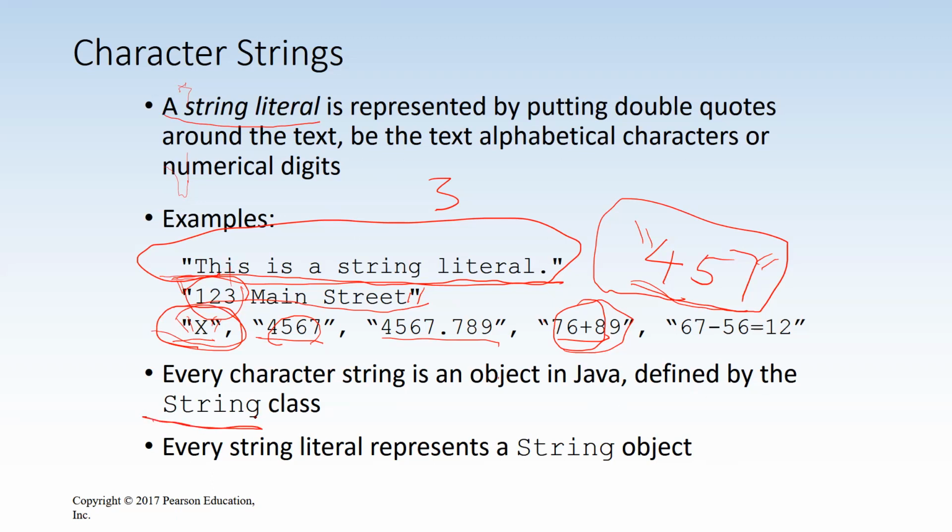So string, that's the data type. That's the type. It's a class. And so this is a string. Okay, each one of them is a string. Every string literal represents a string object. So this is a string object. Okay, questions?